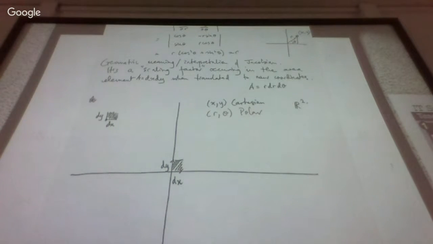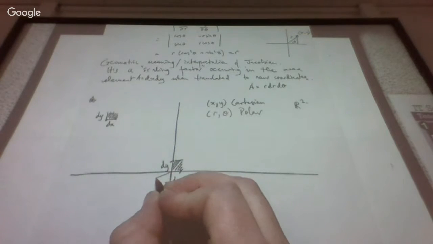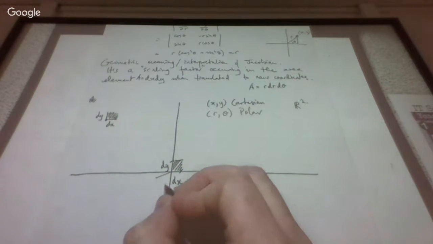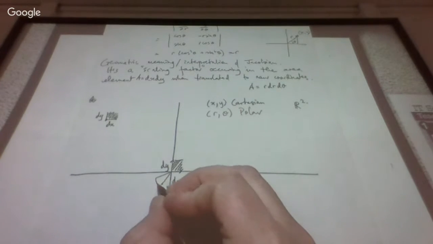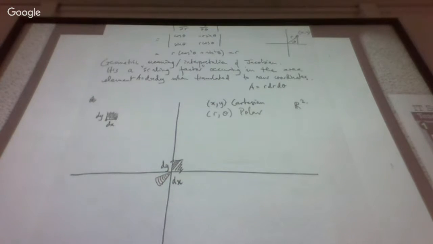If we start off at the origin and imagine changing the radius a bit and changing the polar angle theta a bit, well, if we were starting off at the origin, changing the radius would move us out a bit along here. Let's say we change the angle between these two values. So we describe a little bit of area there. Okay. Starting at the origin, changing the radius by a little bit, and changing the angle by a little bit.